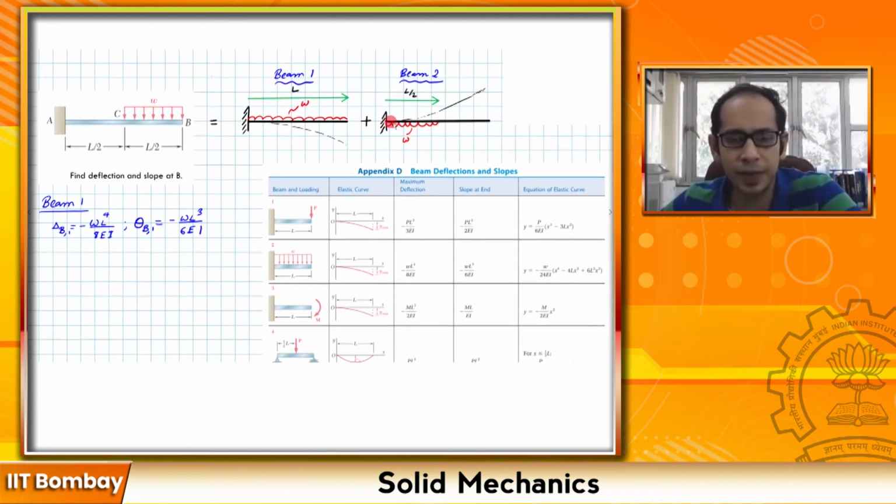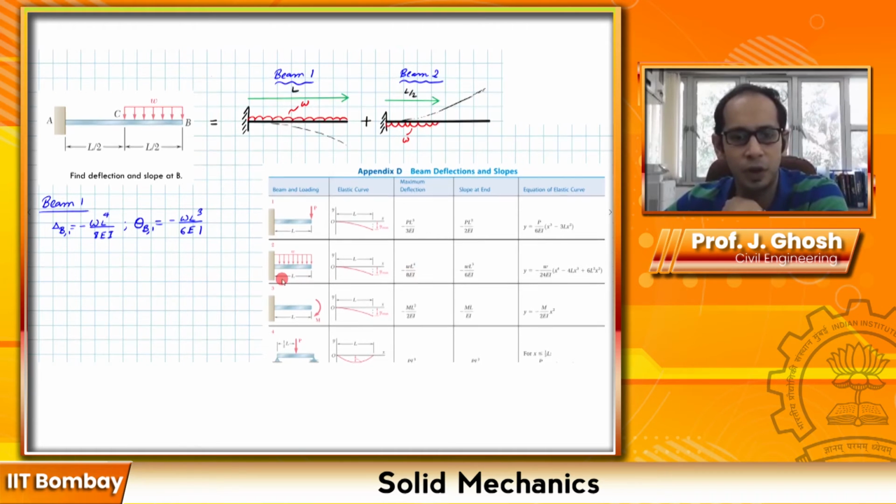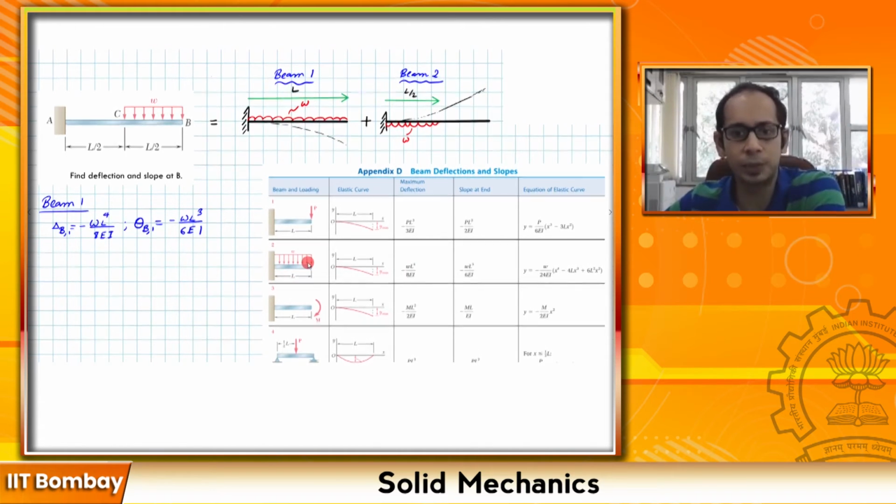So it deflects up to here with a quadratic curve that is over here, and after that it continues like this over here. So now up to this particular point for this beam, I can find the deflection directly from this formulation over here. Remember, this formulation is valid for a length L. So when you have a cantilever with a length L, now the W starts from one end of the cantilever and continues up to the L over here.